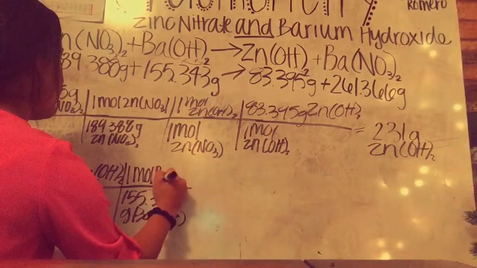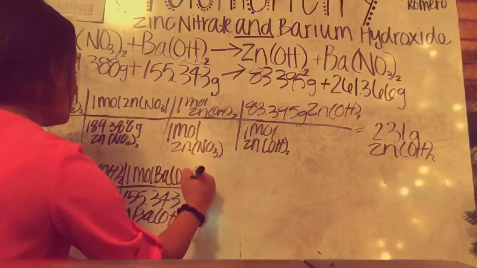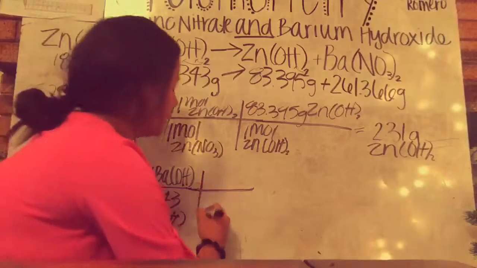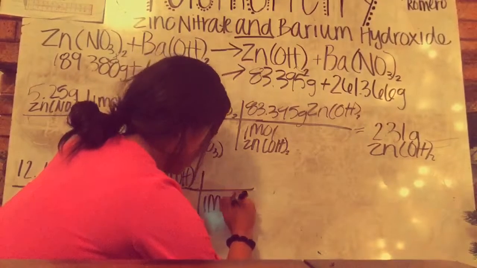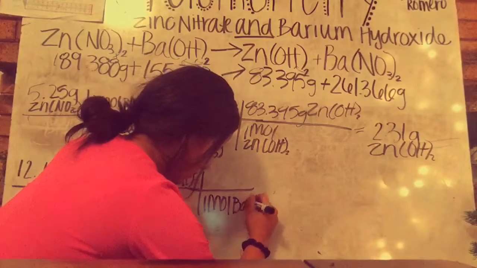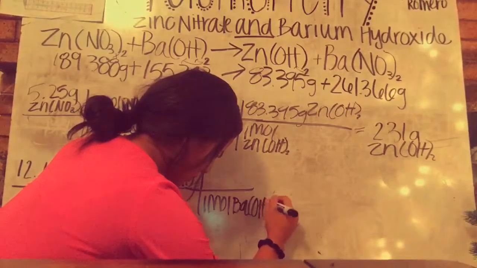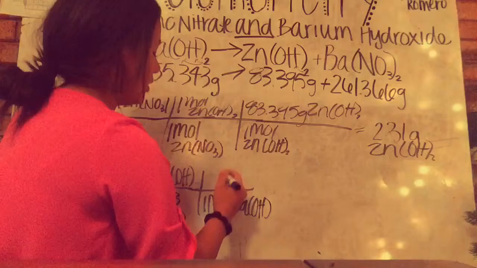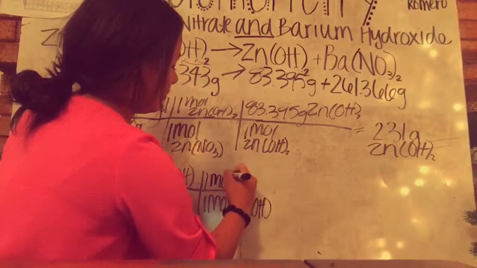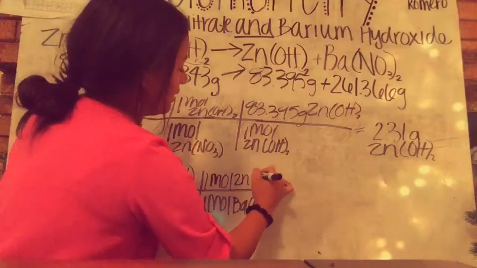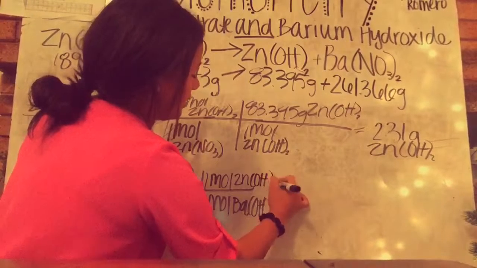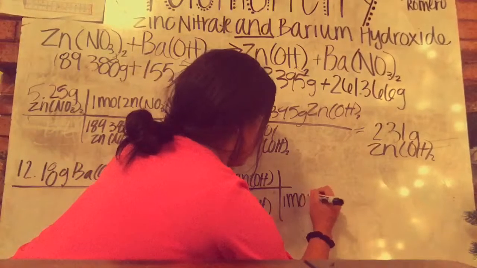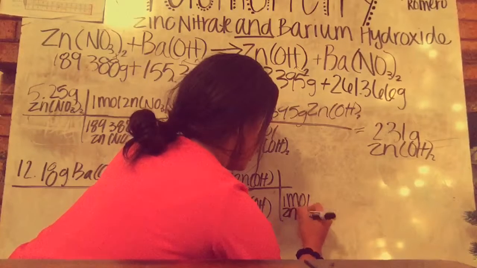And that, again, is going to be equivalent always to 1 mole. And since we want to go to zinc hydroxide, we are going to also put 1 mole of zinc hydroxide. Again, it's going to be equivalent to 1 mole of zinc hydroxide.